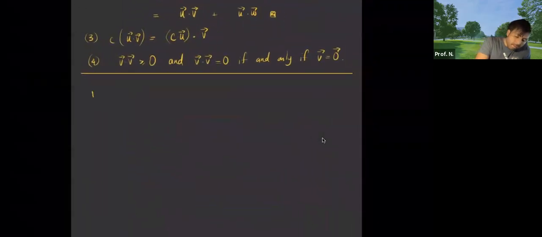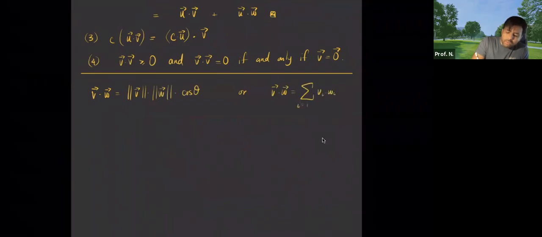So again, the dot product V dot W is equal to the norm of V multiplied by the norm of W multiplied by the cosine of the angle, or V dot W is equal to the summation of Vi times Wi, where i goes from 1 through n.